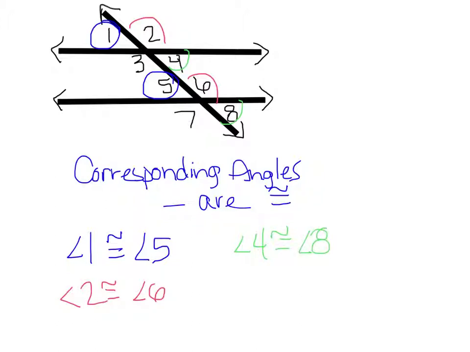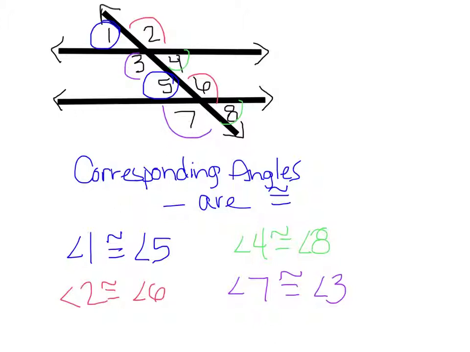Let's see if I can get us a purple color. Angle 7 and angle 3. Angle 7 is congruent to angle 3. That is correct. So y'all did real good picking out those corresponding angles.